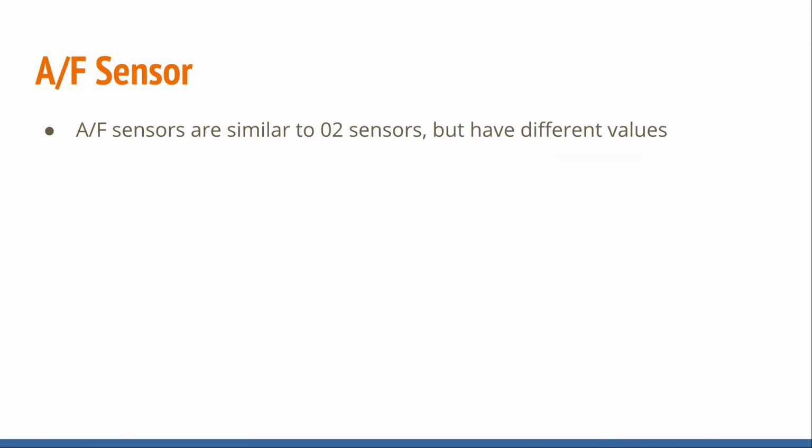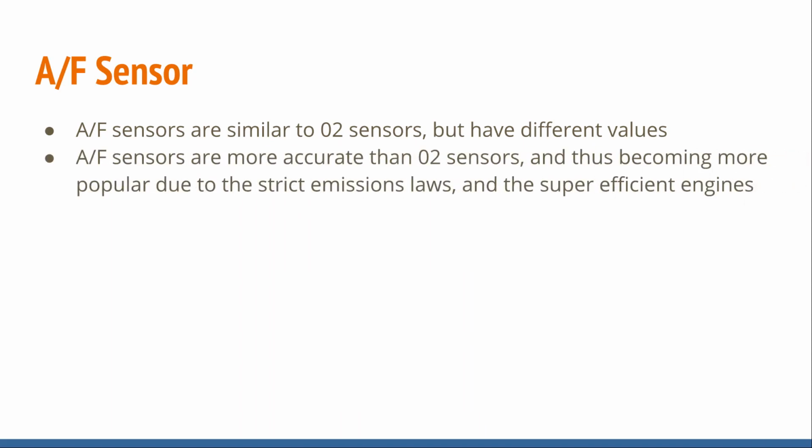So again, air fuel sensors are really similar to O2 sensors, but the difference is they read at different values. So why do we need AF sensors? Why aren't O2 sensors good enough? Well, air fuel sensors are a lot more accurate than O2 sensors, and thus becoming more popular due to the strict emissions laws and the super efficient engines.